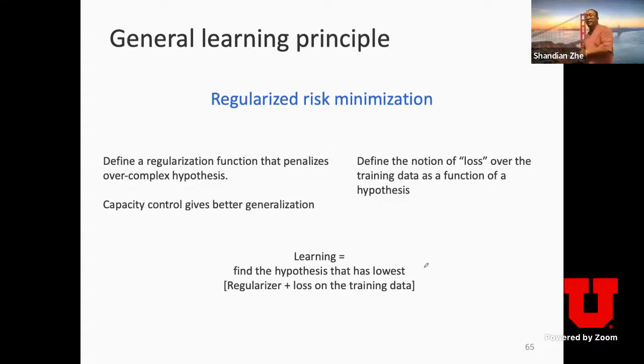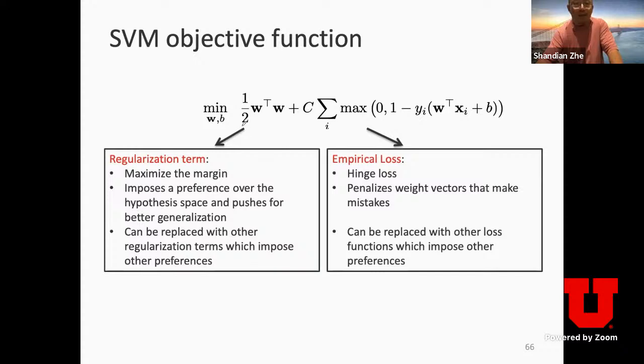But in the SVM formulation, our learning is not just to minimize the training loss, but also we want to regularize the learning such that the hypothesis, the linear classifier, has a margin as large as possible. If you remember our learning objective in SVM, we have two terms.